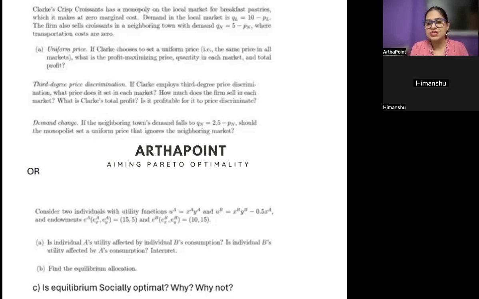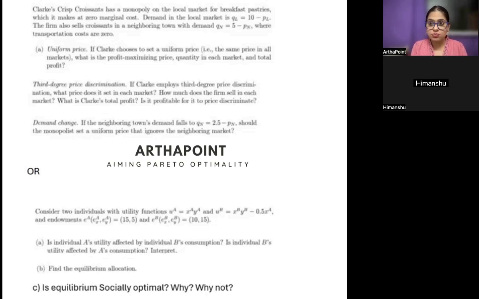Because third degree price discrimination tells us that we can charge different price in different market based on elasticity, I am doing this. So just like you would expect someone to explain concept to you, go ahead and explain them what you're doing. Each and every step needs to be explained to them as to what you're doing and why you are doing this, right?